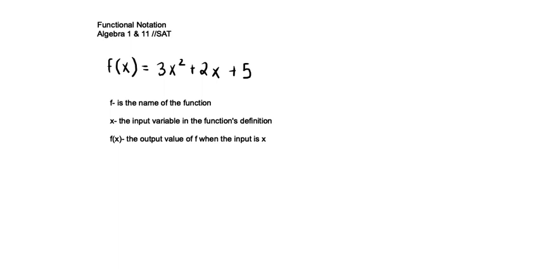Looking at it with these words really helps us understand what exactly is going on. We see that f is the name of the function. When we put a term in here with x, we will get this output value of f when the input is x. Wow, this actually makes a lot of sense. I hope it makes sense to you too.